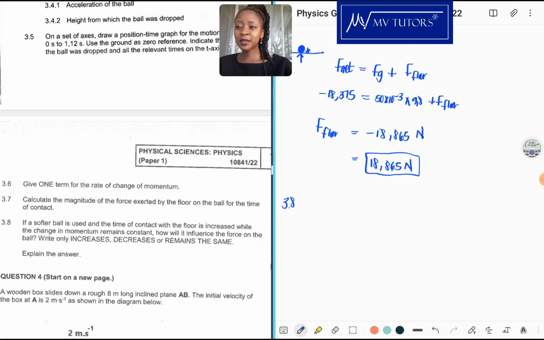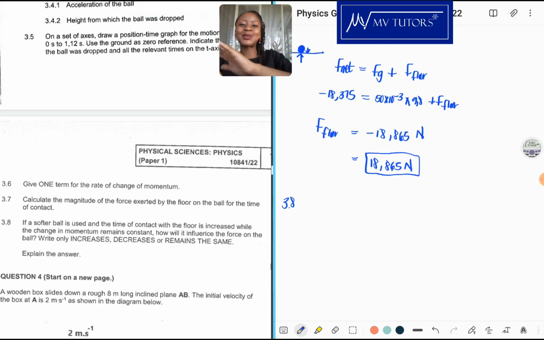Then 3.8. If a softer ball is used and the time of contact with the floor is increased while the change in momentum remains constant, how will it influence the force on the ball? Only increase, decrease, or remains the same. Guys, the moment you increase time, they always ask this question. Previously they asked why, if someone throws a ball and another person catches it, they do a motion like that.